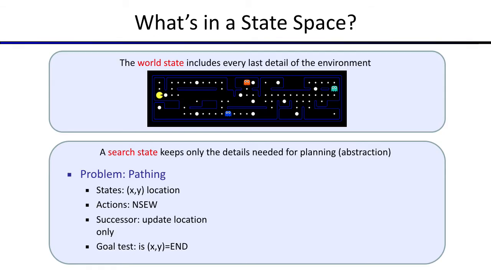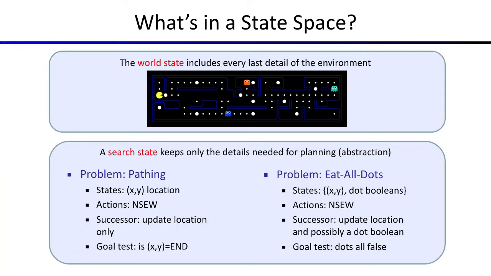But in this same world state, if we're solving a different problem, like eat all the dots, again without ghosts, I probably should have used a different picture there, we need a little more information. We can't just know where we are now. We also have to know which food is left.